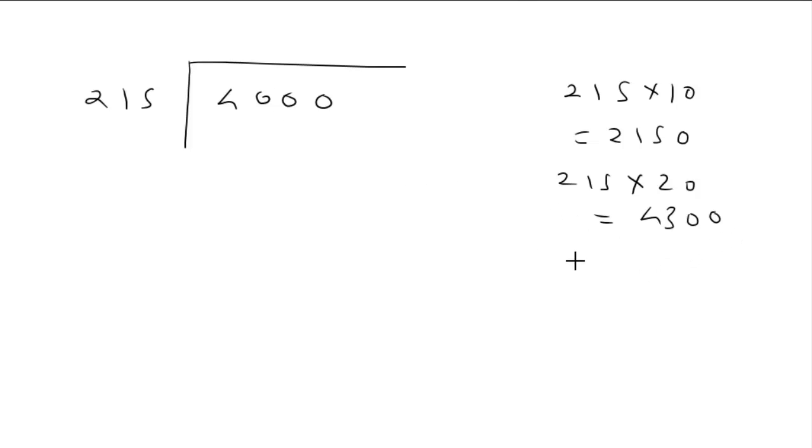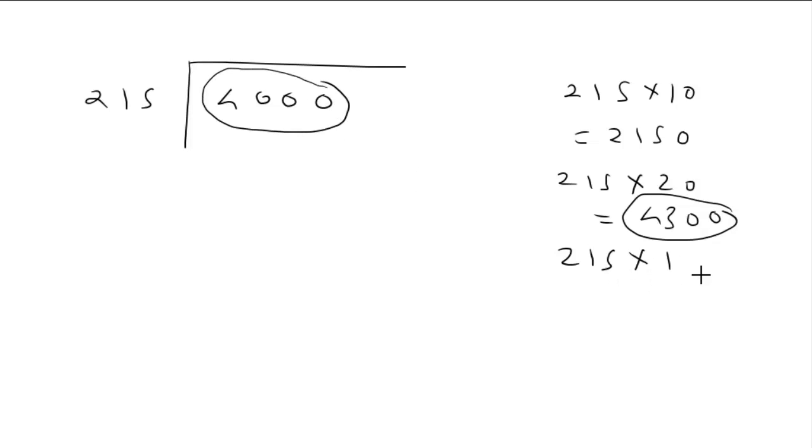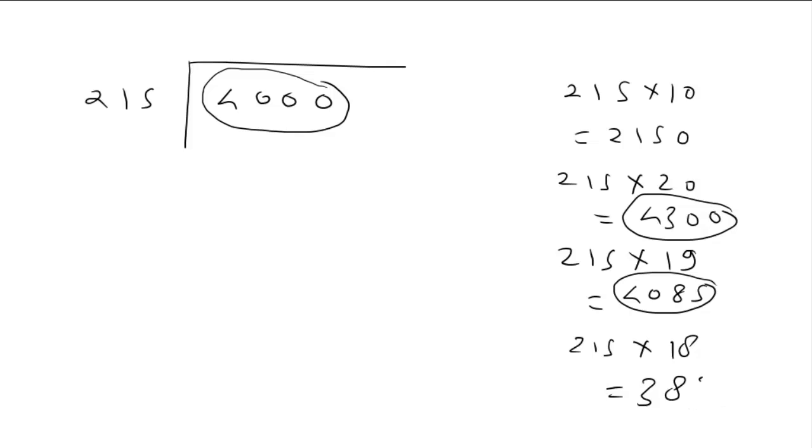So I will try a number just below 20. 215 multiplied by 19 will be 4085. Again this number is greater than 4000. So 215 multiplied by 18 will be equal to 3870.